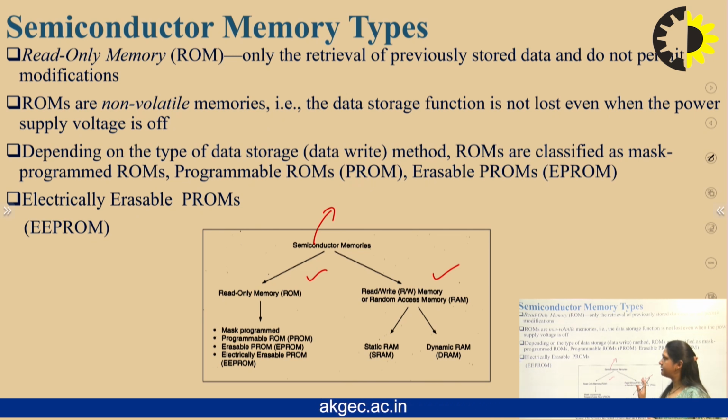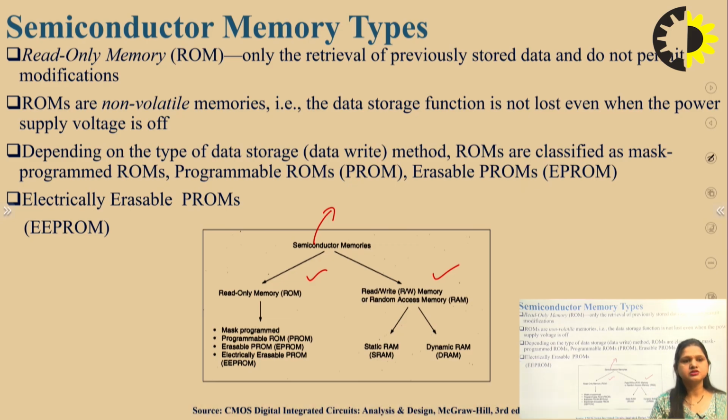Semiconductor memories can be broadly classified into these two categories: read-only memory and random access memory, which is known as read-write memory. In read-only memory, the retrieval of previously stored data is possible; it is known as non-volatile memory.